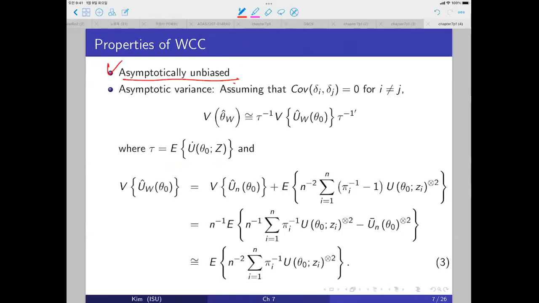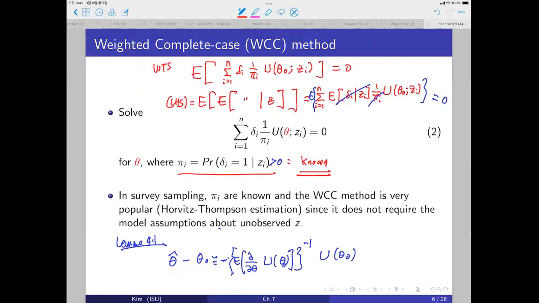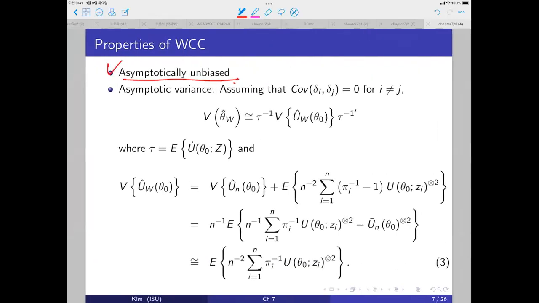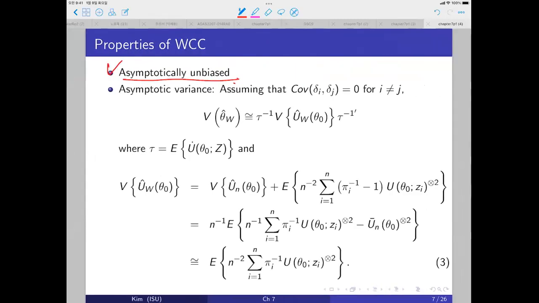Secondly, let's talk about the variance. How do we compute the variance of this solution? This is essentially an estimating equation, so we should expect that the asymptotic variance follows the sandwich formula.